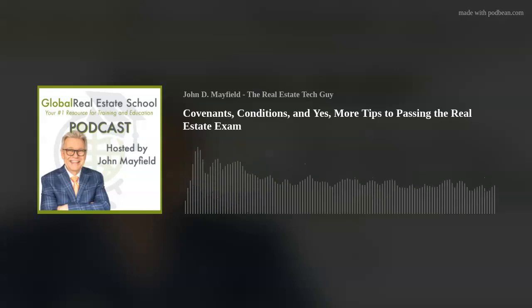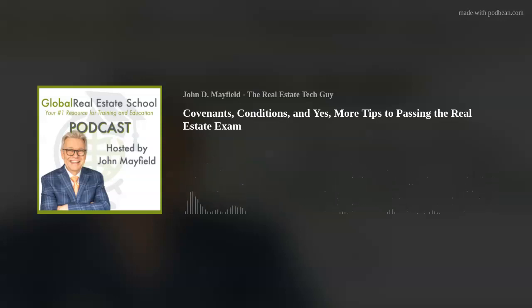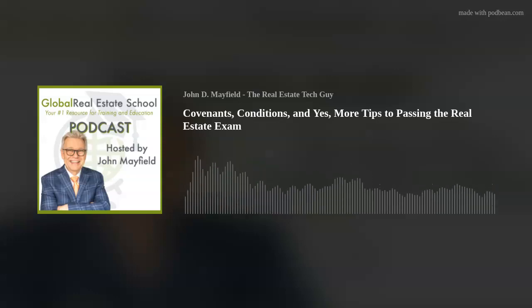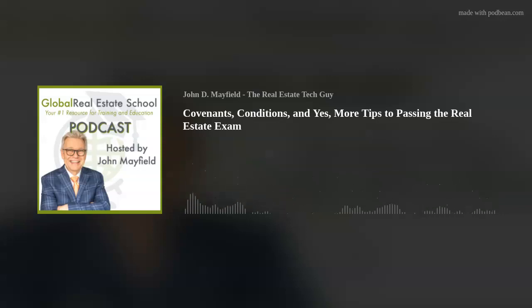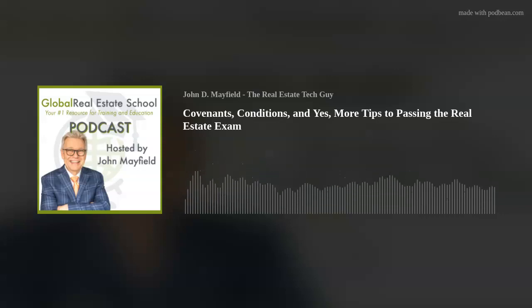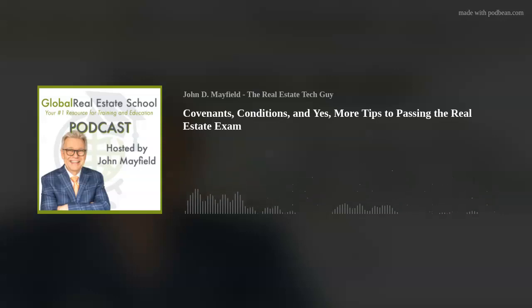Now, he mentions here that conditions may be either precedent or subsequent. This is why you really need those flashcards, because you have to write this information down and think about it. What's the difference between precedent or subsequent?